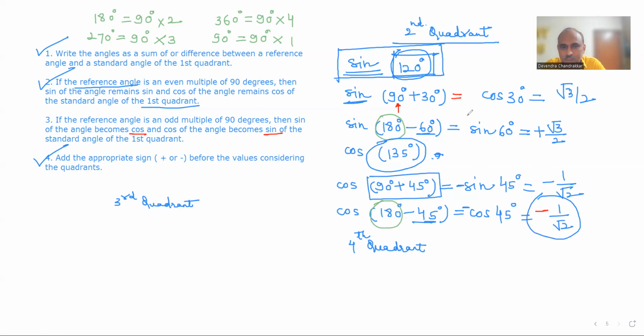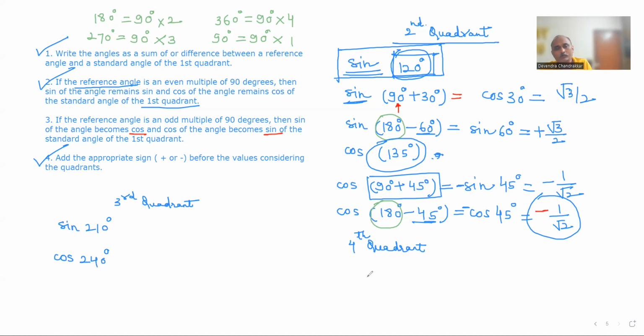Then no doubt. Good. Now I'm giving you 2 exercises to do just now for this session only, and the remaining will be homework for all of you, right? So, third quadrant: find sine of 210 degrees and cos of 240 degrees.